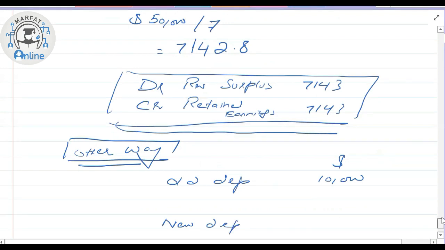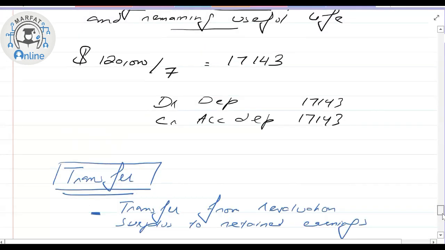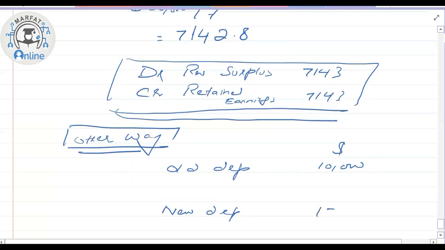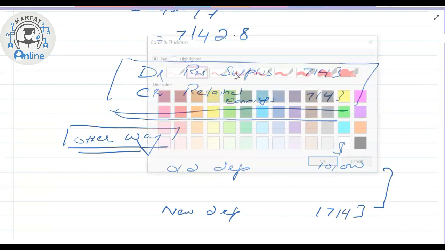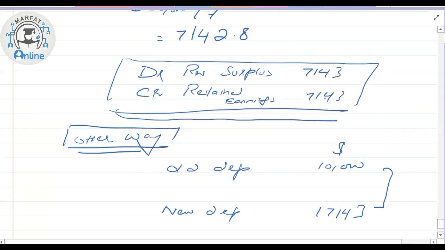The new depreciation is 17,143. Now what is the difference between these two? The difference is the same amount, 7143, which we transfer every year from the revaluation surplus to retained earnings.